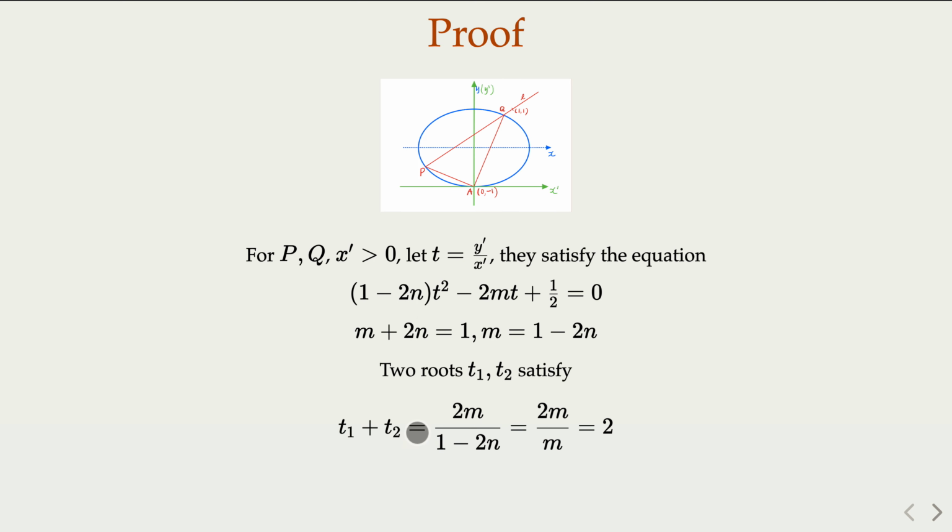Alright, so the two roots satisfy this equation here, but 1 minus 2n is nothing but m, right? So m cancels, and that's equal to 2. In other words, we have proven that the slopes of AP and AQ add up to 2, right?